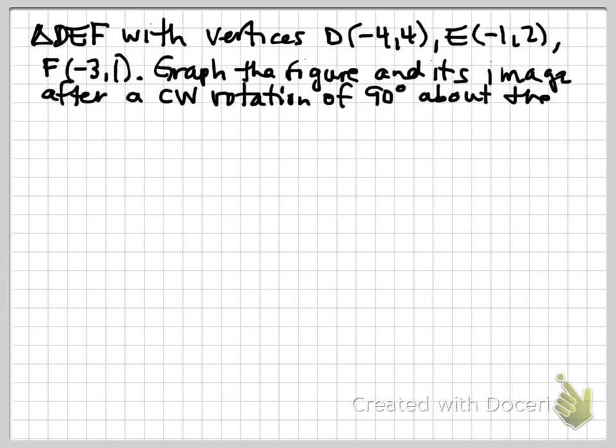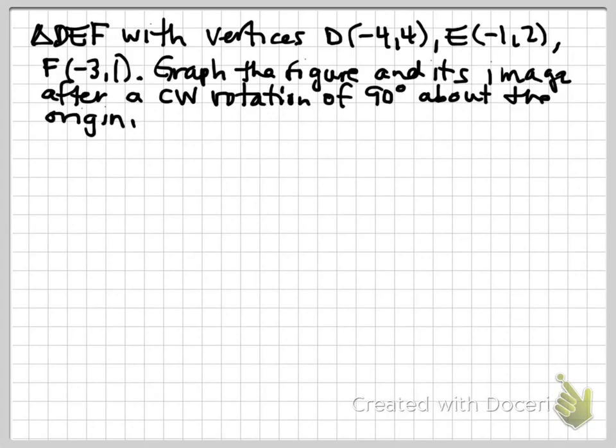So you need to read to find several key pieces of information. Number one, what is that fixed point you're rotating around? So that's the origin. What direction are you going, clockwise or counterclockwise? And how many turns are you taking? 90 would be one turn. So clockwise is to the right.